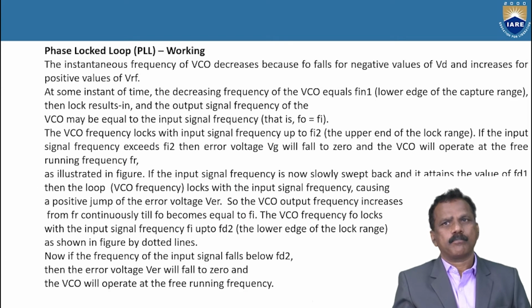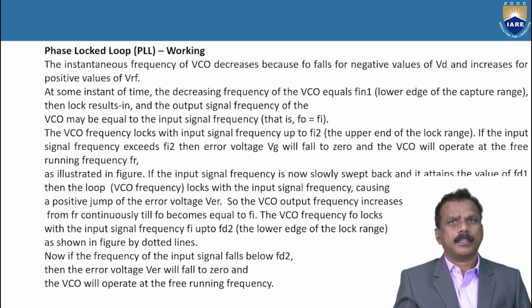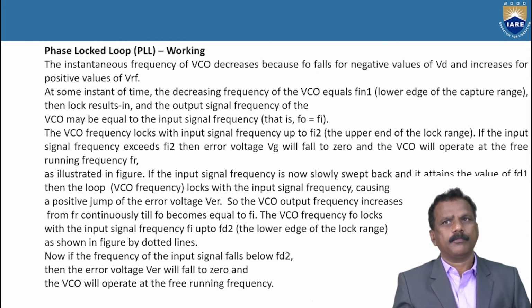Now, the instantaneous frequency of the VCO decreases because of the negative values of VD, and increases with positive values at some instant of time, decreasing the frequency of the VCO to equal Fi1. So you have to consider the lower edge of the capture range.